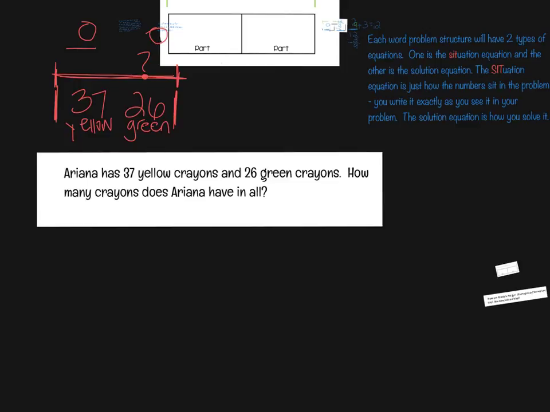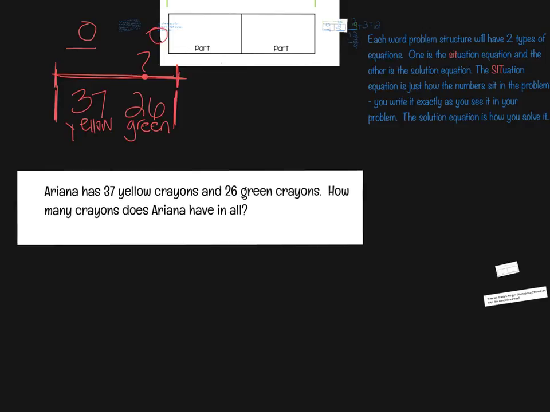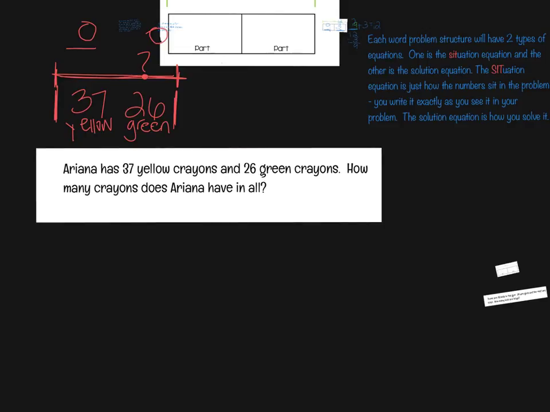Knowing that I have two equations that I need to write down first, I'm going to go back to my problem and see which numbers sat where, because my situation equation is where my numbers sit. So I started with the 37, and so I know that "and" means a plus sign, and the 26 crayons. How many crayons does she have in all?